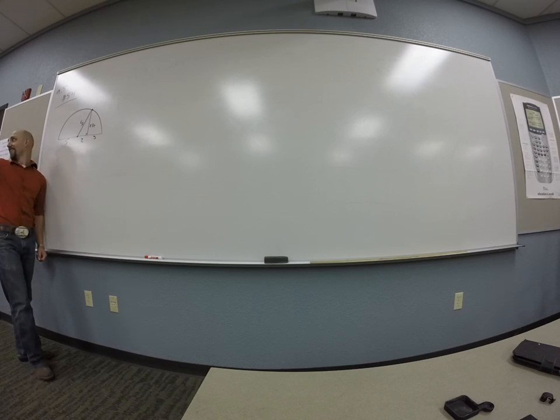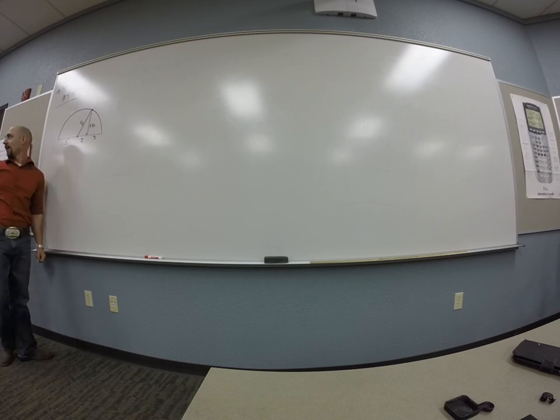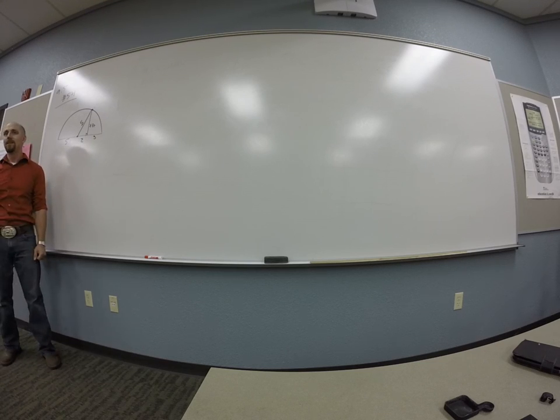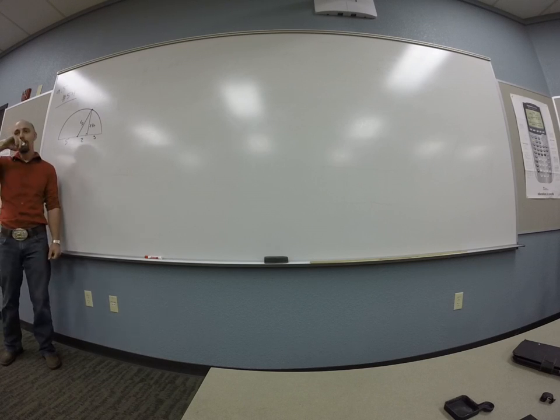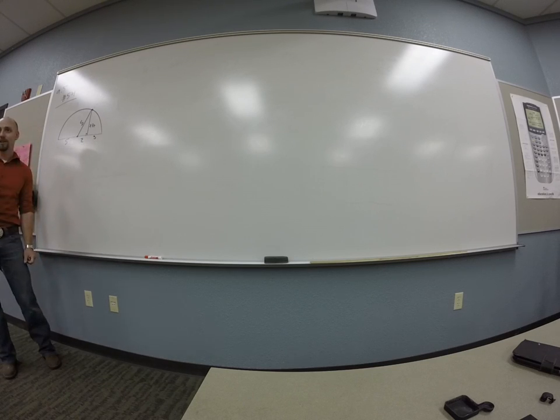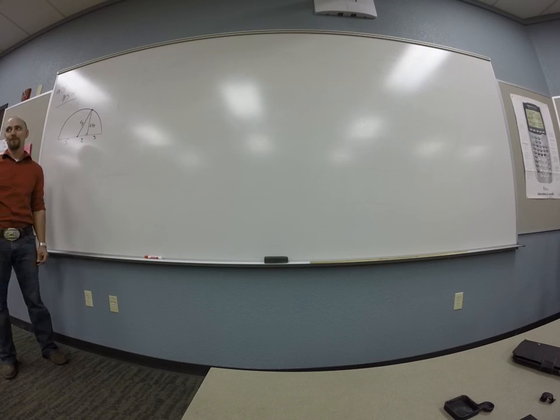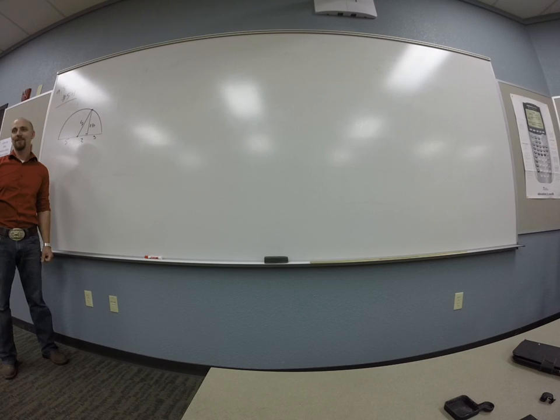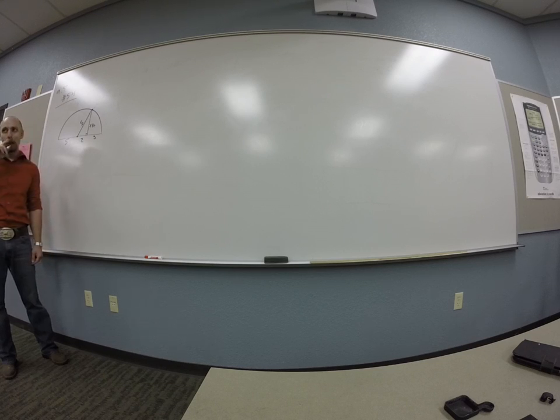Okay, careful. That's an area thing. I want a side length thing. Yeah, I want a squared plus b squared is c squared, which is called the Pythagorean theorem.